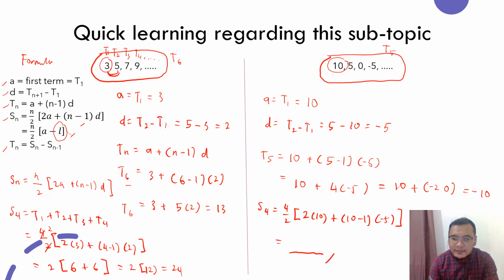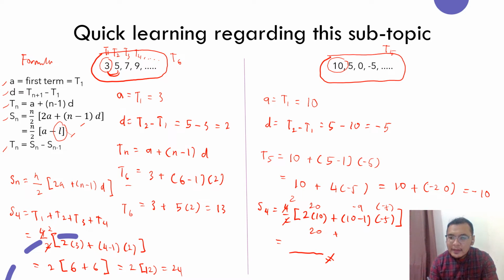So what is the answer? 4 over 2 is 2. So 2 times 10 we get 20, minus 9, and times minus 5. So we get 20 plus -9 times -5.